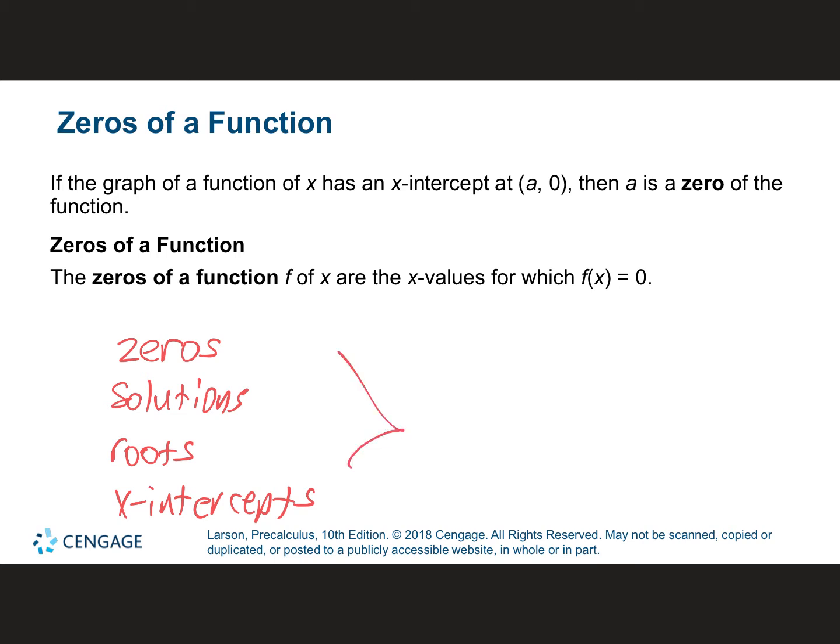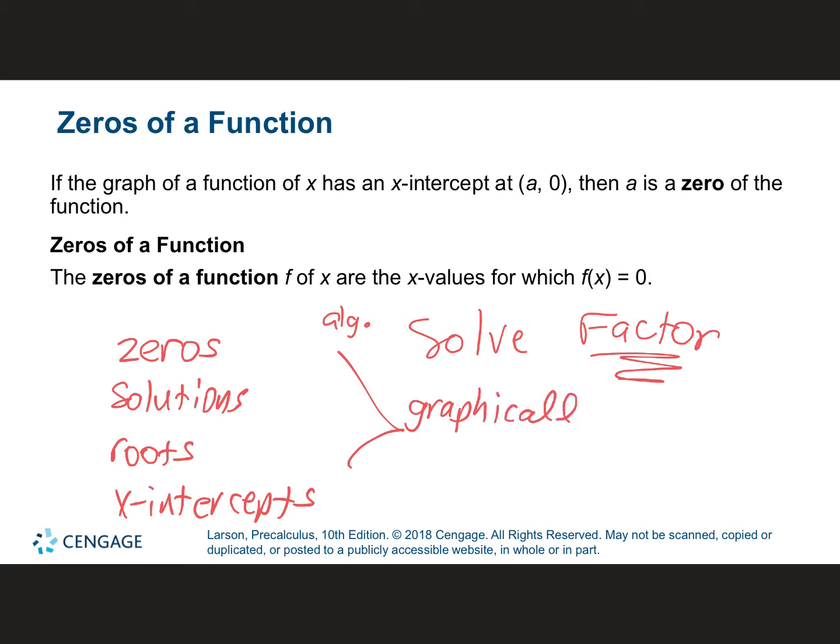If you're ever asked to find the zeros of a function algebraically, you're going to solve. Lots of times we're going to factor. To find zeros, solutions, or roots graphically, you look to see where the graph crosses the x-axis.